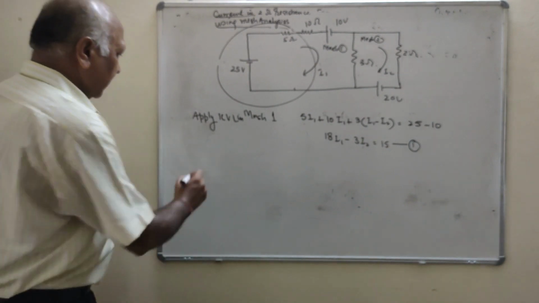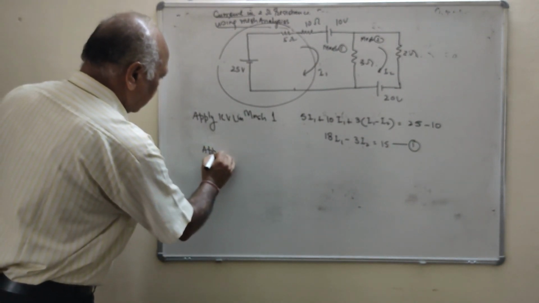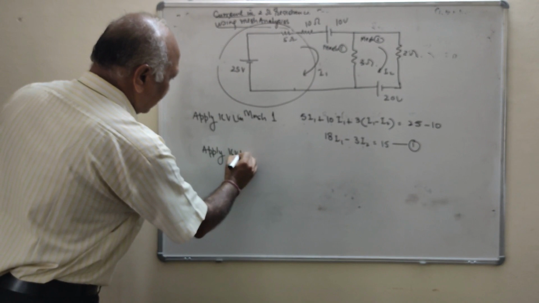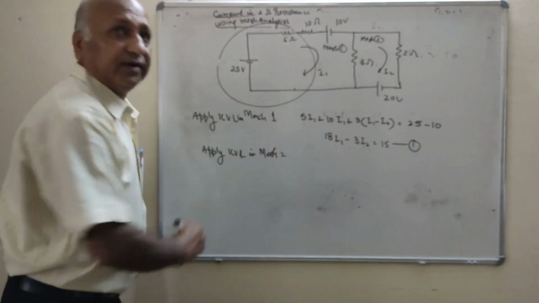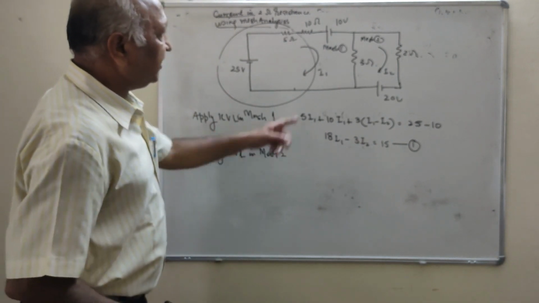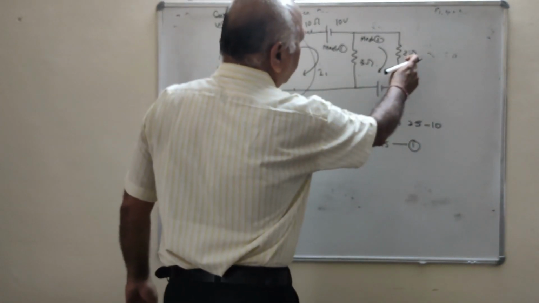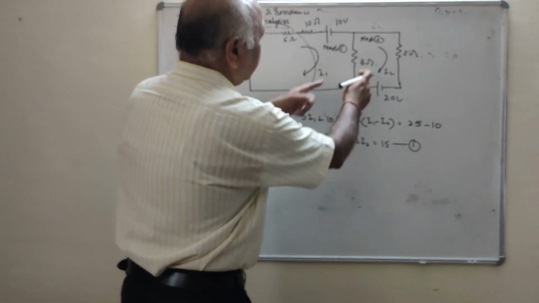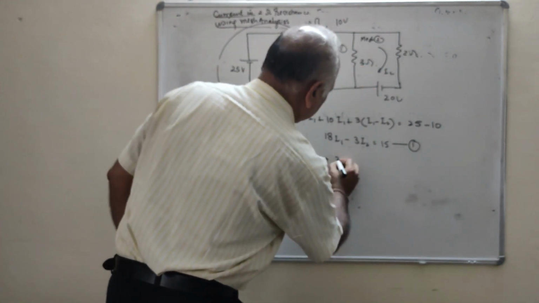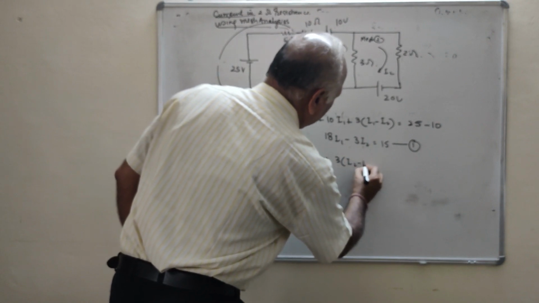Now apply KVL in mesh 2. In mesh 2 you will see what is the drop in the 2 ohm resistance. That is 2 I2. What is the drop in the 3 ohm? That is 3 (I2 minus I1).